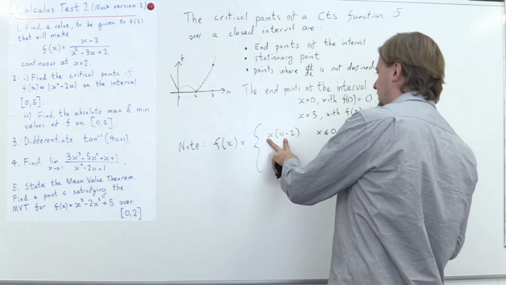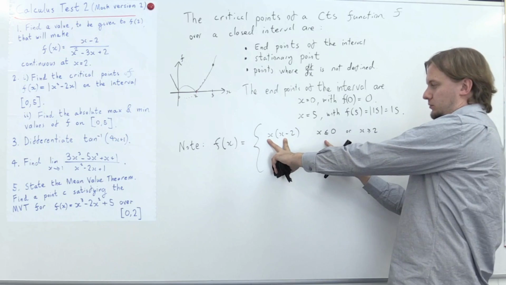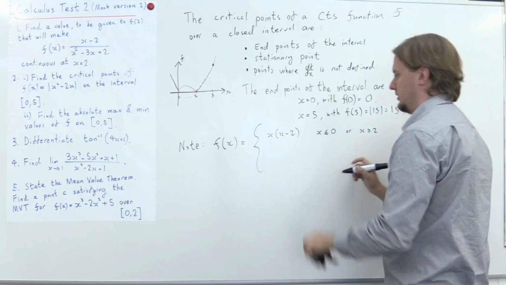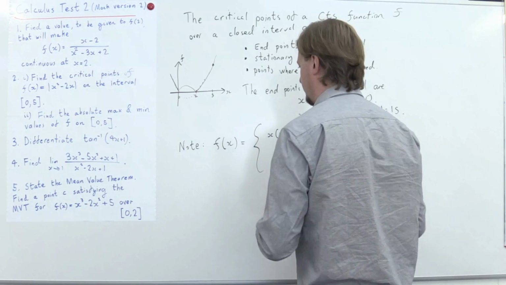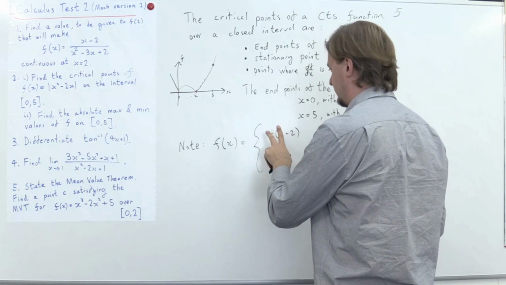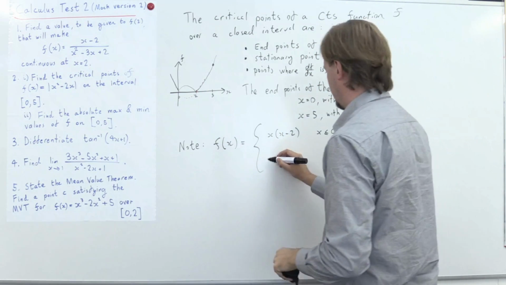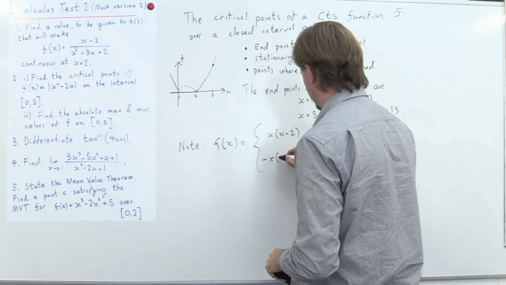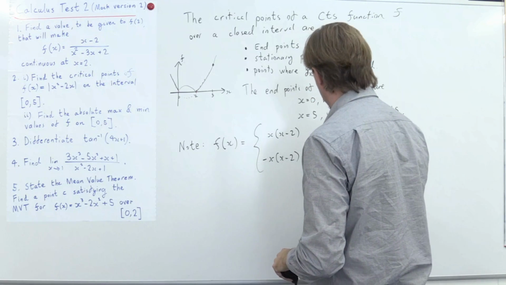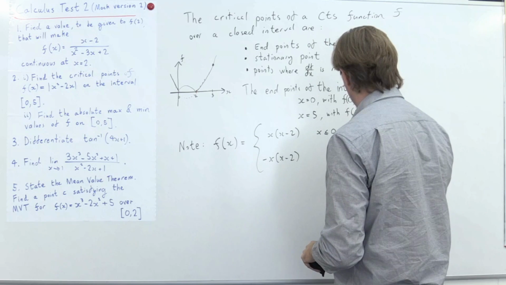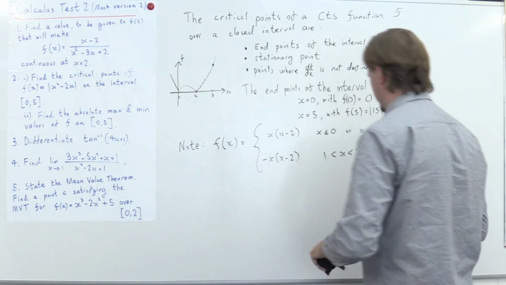So either both these factors are negative, or both these factors are positive. And in the other case, when one of them's negative, then you'll have minus that. That's for x greater than 0 and less than 2.